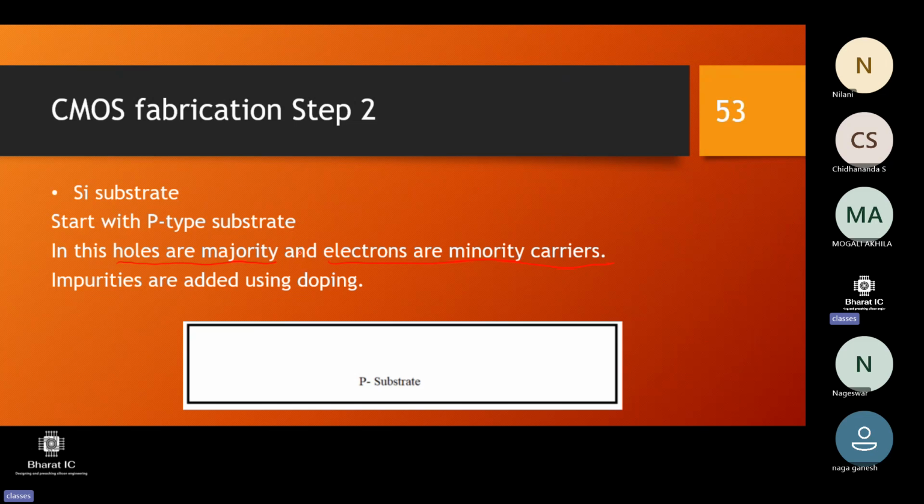Holes are majority and electrons are minority carriers, in which impurities are added using doping. What impurity is added, we will tell you. This substrate is created on that wafer disk, using the p-type substrate material with doping.